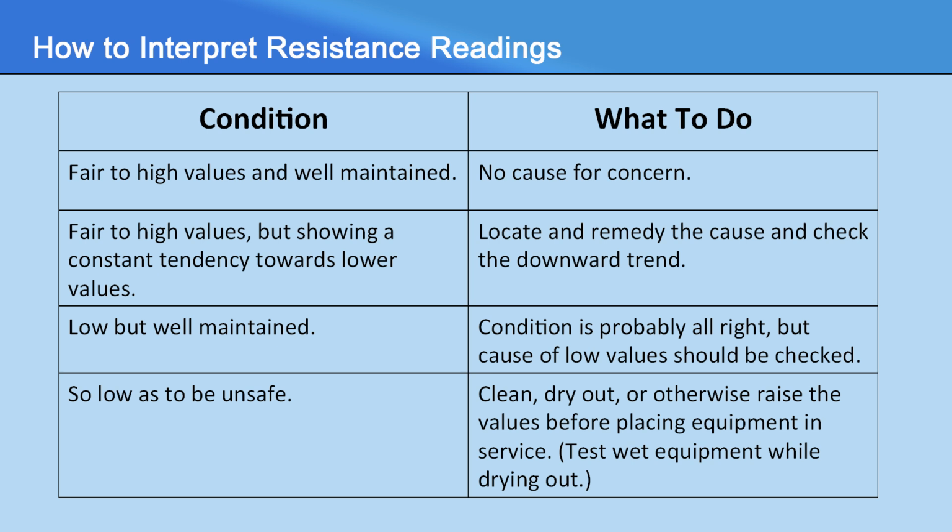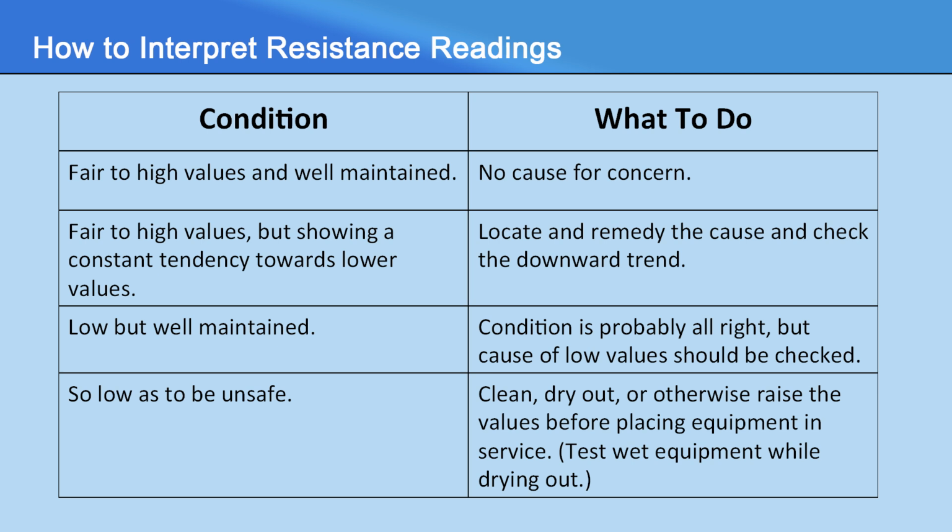Second condition can be fair to high values but showing a constant tendency towards lower values. Under this, locate and remedy the cause and check the downward trend. Next condition which can be obtained is low but well maintained. Under this condition it is probably alright, but the cause of low values should be checked.